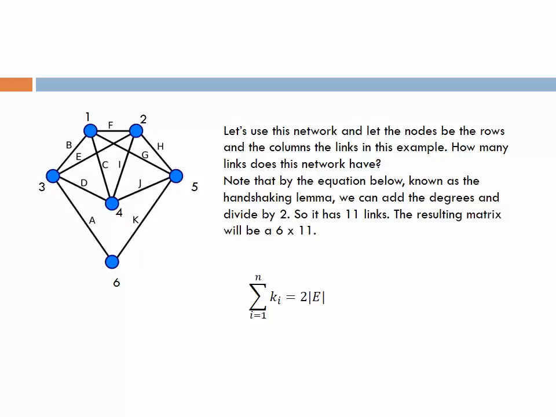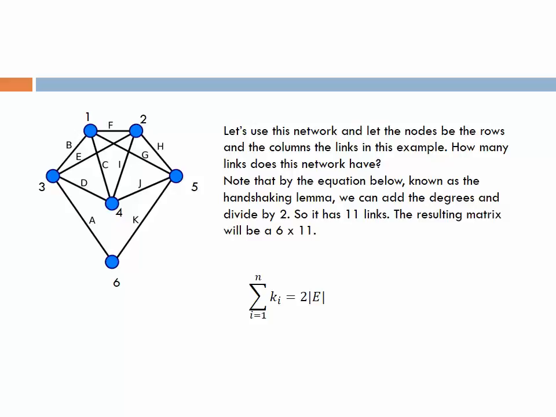The handshaking lemma is written below, and on the left we see it's the sum, 1 through n, of k sub i. Recall again that k sub i is the degree of node i. So on the left, what we have is just the sum of the degrees.